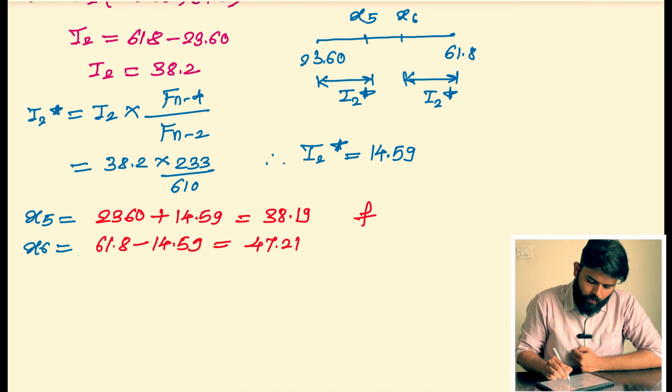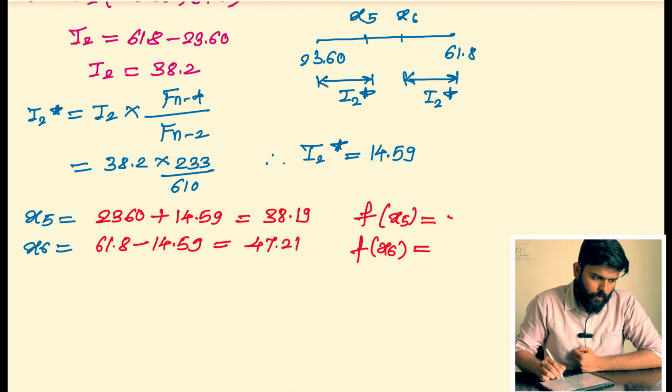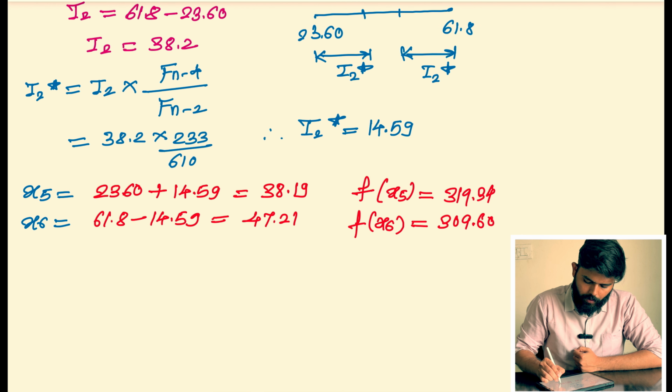Similarly, we can find the function of x5 and the function of x6. So the values that we are getting here are 319.34 and 309.62.